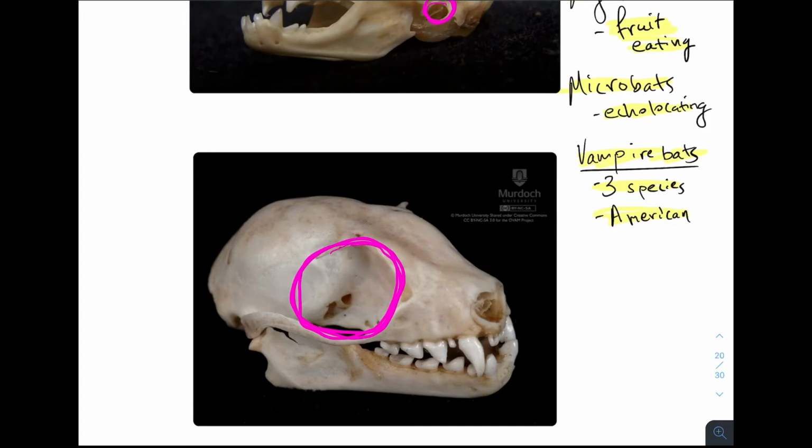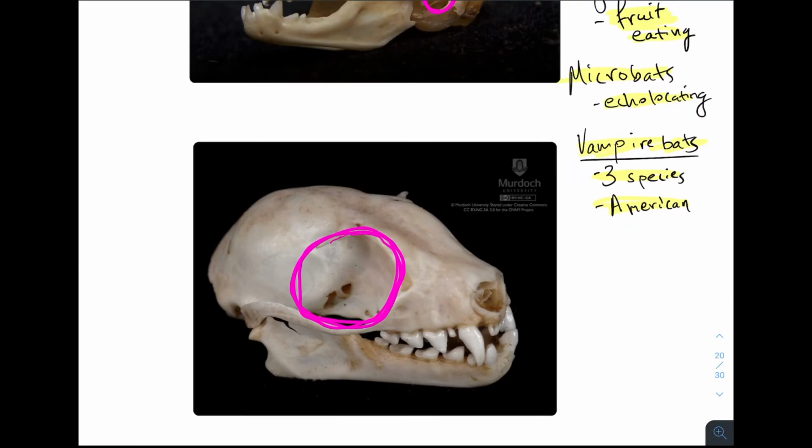And so these megabats, the larger ones, are using their eyesight to see, and their dentition is pretty standard. In other words, in the sense that they have incisors, then they have canines, then they have the premolars and molars that are going to be right after them. We're going to see that this type of dentition looks pretty similar to the dentition that you'll find also in cats.